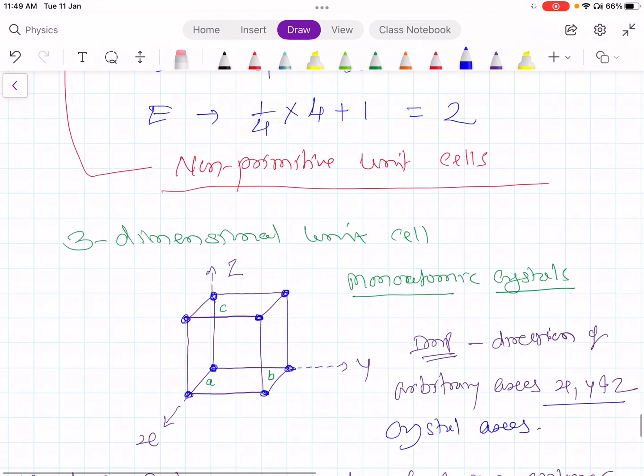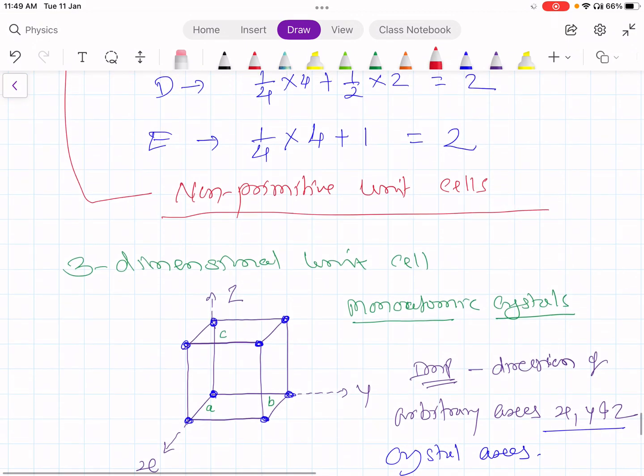Then let me show you, the angle between B and C is given by alpha. The angle between C and A is given by beta, and the angle between A and B is given by gamma.